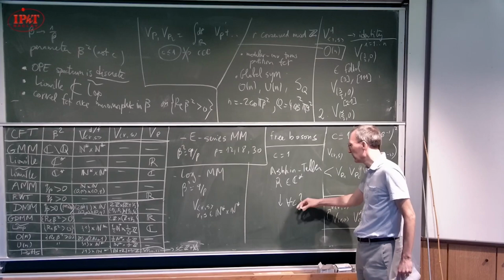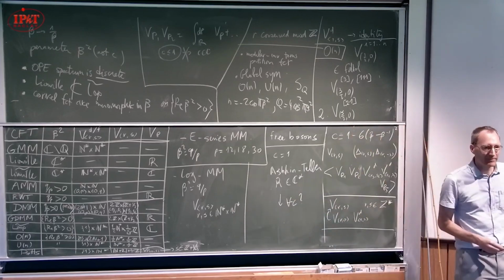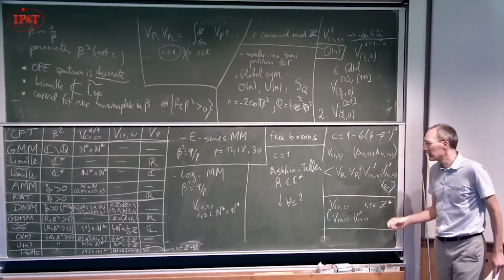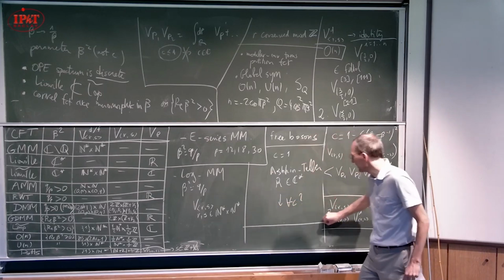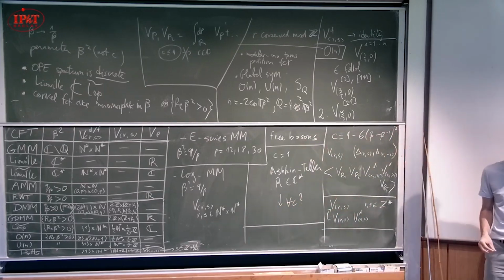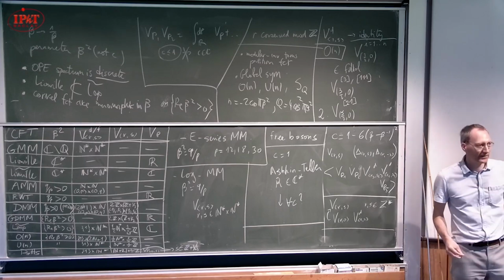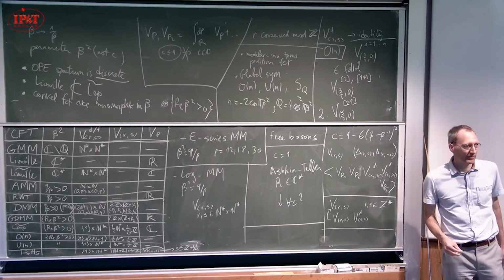But if you do that, you will have to quantize the radius. Okay, but I'm not getting into that. At c equals 1, you have a kind of minimal series also, which is labeled by subgroups of SU2. It's kind of equivalent, I think.